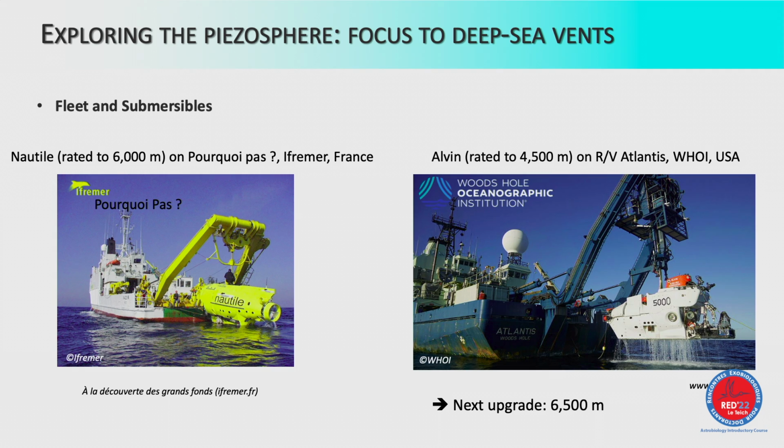So if you want to go deeper and study the deepest vent sites on Earth, you cannot use Alvin, and you have to find something else. Alvin is going to be upgraded soon to reach 6,000 meter depths.